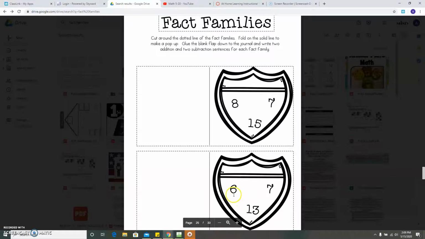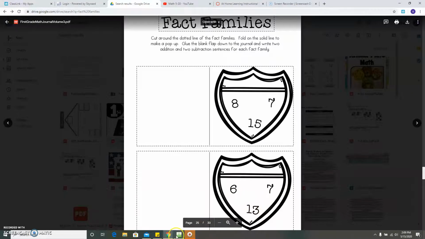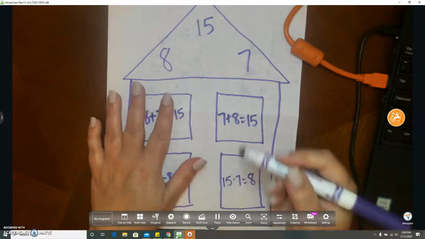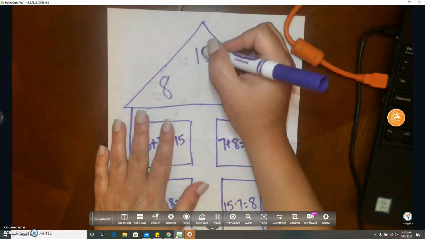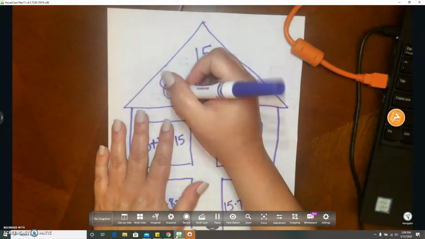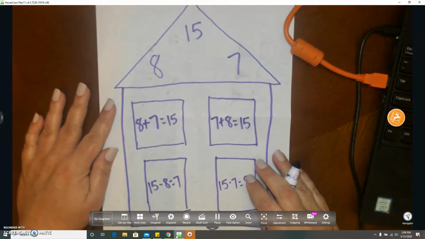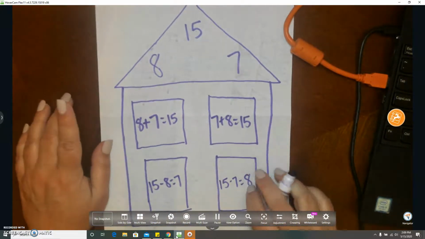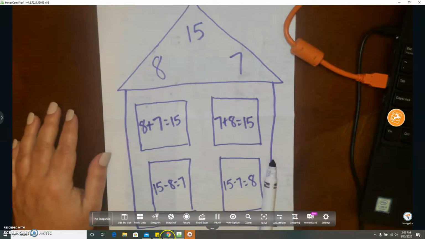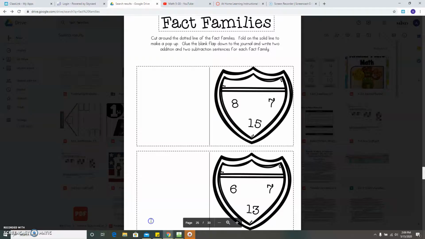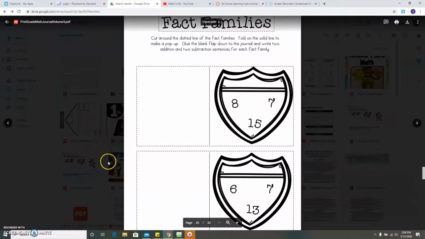So on your paper, your house will have a 13 at the top, a 6, and a 7, okay? If you want to do mine as well, you can. You don't have to. The one I really want you to do is 6, 7, and 13, okay?